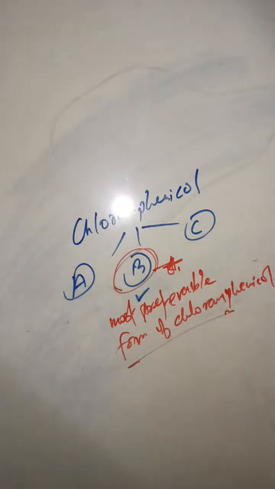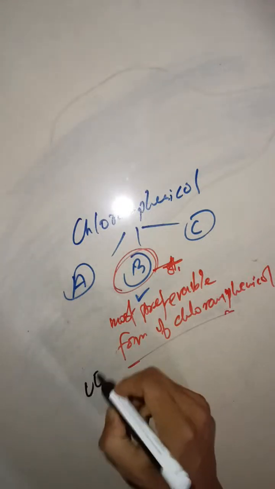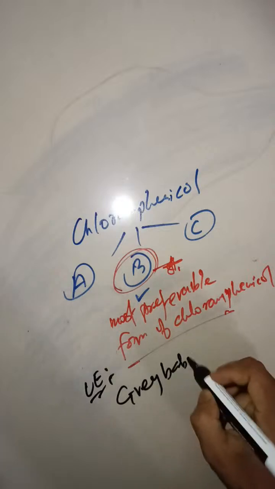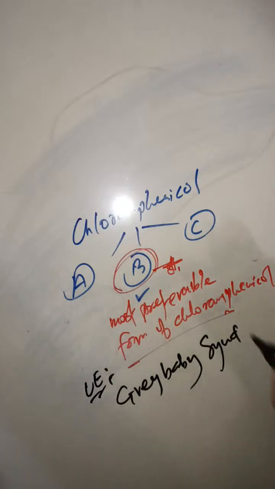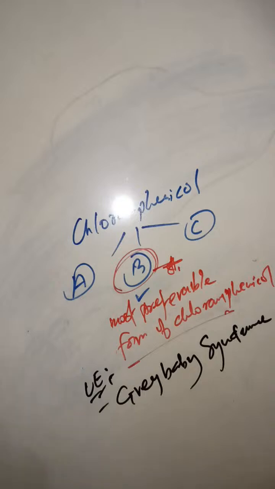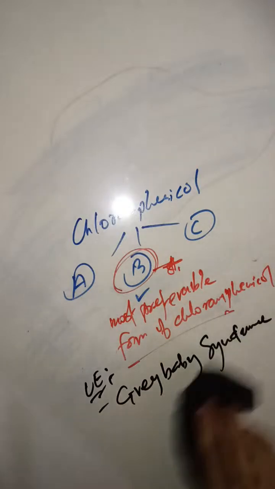The side effect of chloramphenicol is gray baby syndrome. That's the most important point. Gray baby syndrome is the side effect of chloramphenicol. Normally side effects have been asked earlier also. Many side effects have already come in competitive exams.